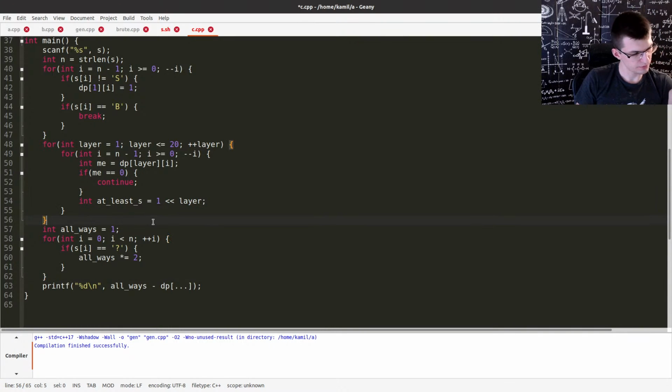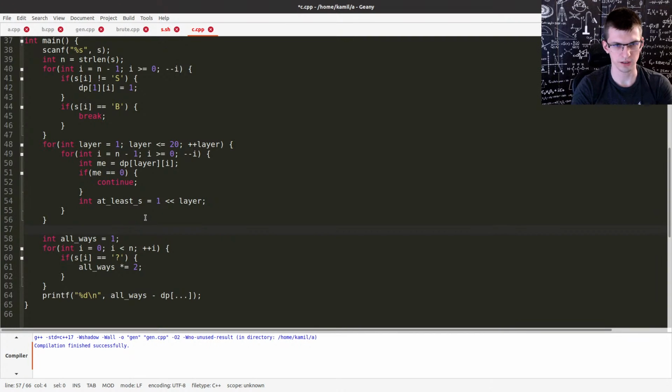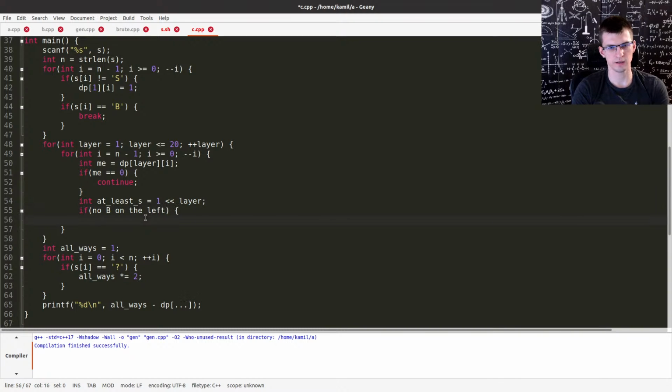The S's at the very left, S's on the left in the prefix, they don't matter. Any B can be first, assuming that there are no more B's on the left. So yeah, I will use that. I need to here say, if no B on the left, then answer plus equal me.